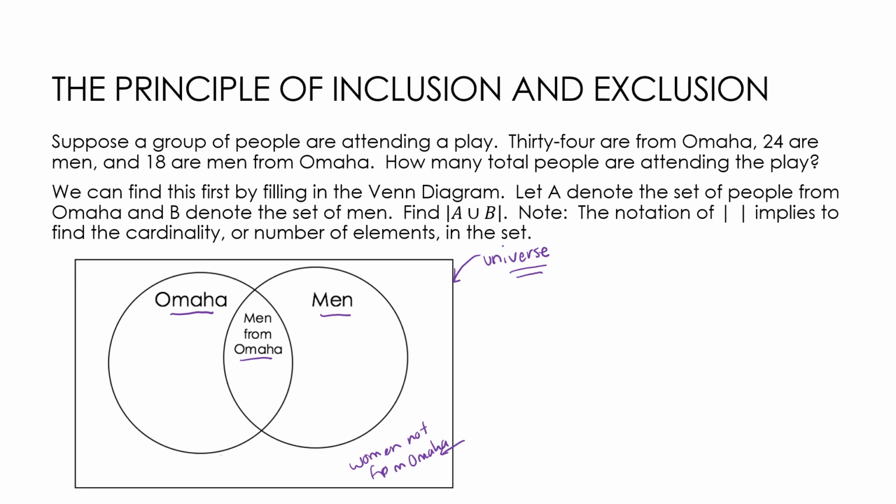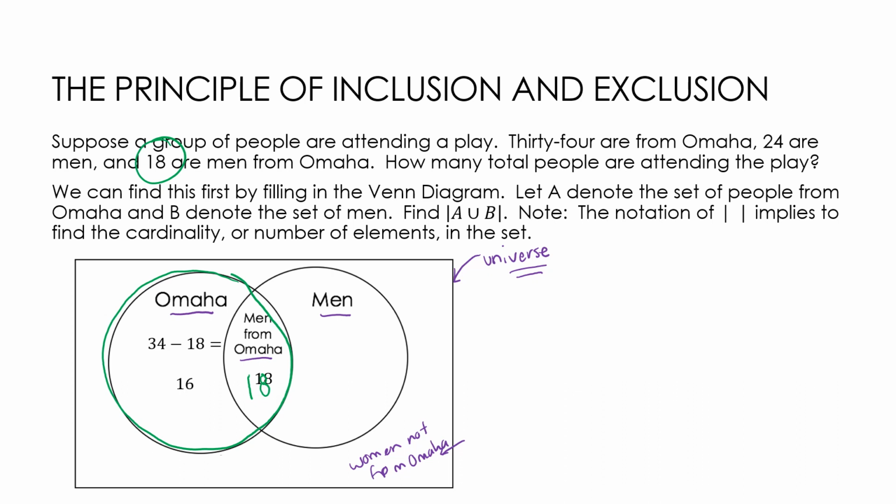Suppose we have a group of people attending a play. 34 are from Omaha, 24 are men, and 18 are men from Omaha. So typically what I do is if they give me a number like this, where I can put it directly onto my Venn diagram, that's what I'm going to do. 18 are men from Omaha. Then it says 34 are from Omaha, but notice that within the Omaha circle, I already have 18.